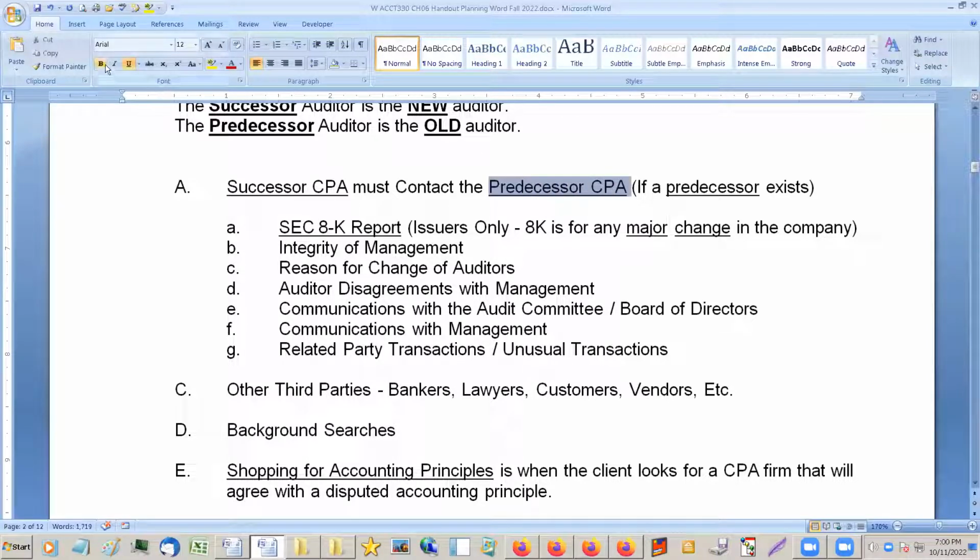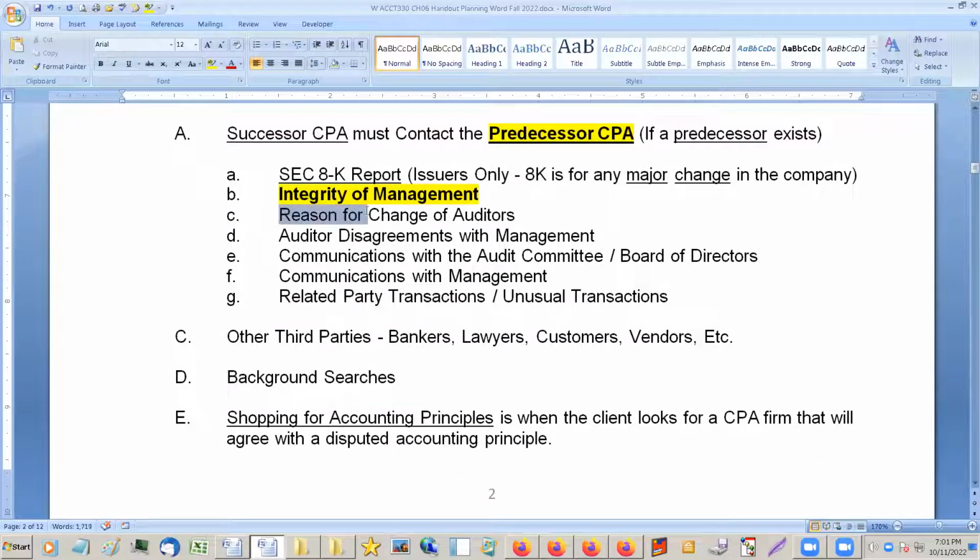Okay, so what do you contact the predecessor auditor about? What do you talk to these people about when you contact them? Again, the biggest one is going to be integrity of management. Reason for change in auditors: why did they leave, did they leave over a dispute?